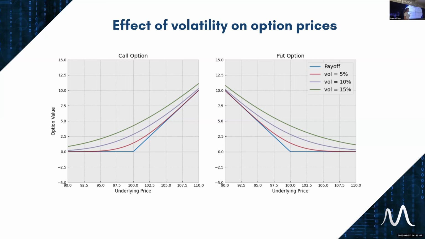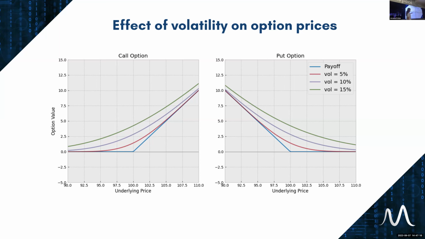So here we have 3 different scenarios. Let's say low, medium, and high volatility. The low volatility option, say 5%, is this red line where the underlying is not going to be moving much. So you would pay very close to the payoff, because there's not much chance that the underlying is going to be moving, and you'll likely just end up exactly where the underlying started, and you'll get the payoff.